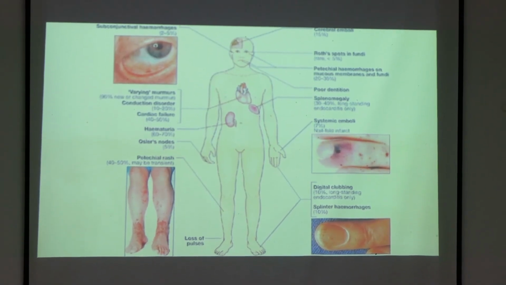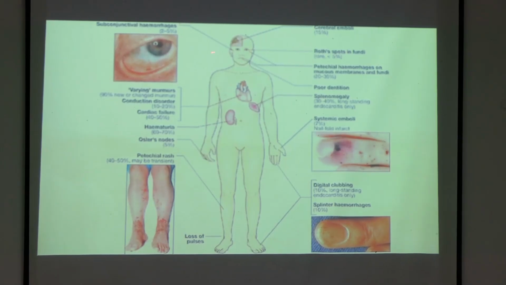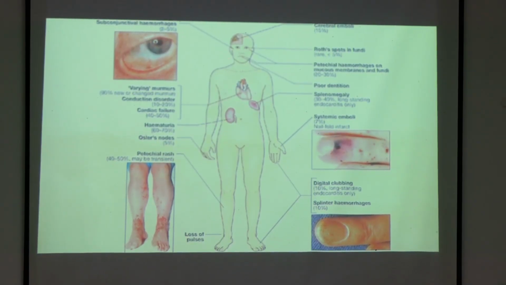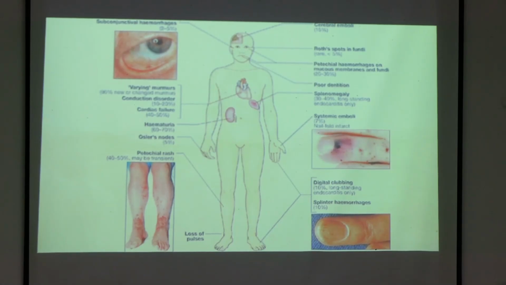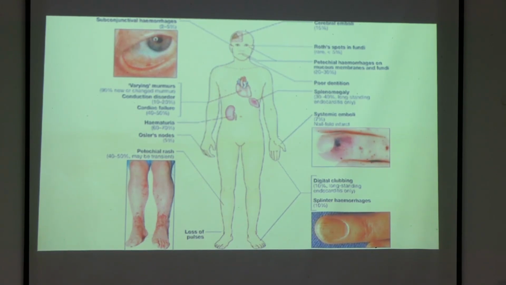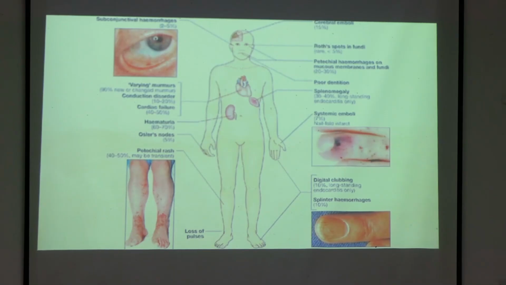If your eyes are involved, then subconjunctival hemorrhage. Again, you have Roth spots in the eye. Then in the mouth or oral mucosa, you have petechial hemorrhages. In the heart, I already told you the manifestation is the murmur.